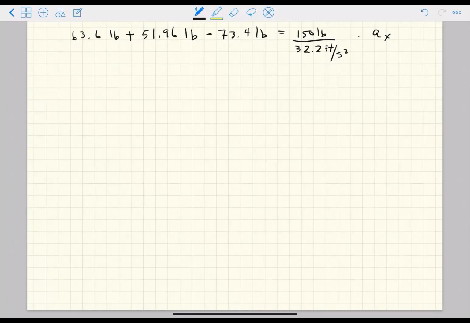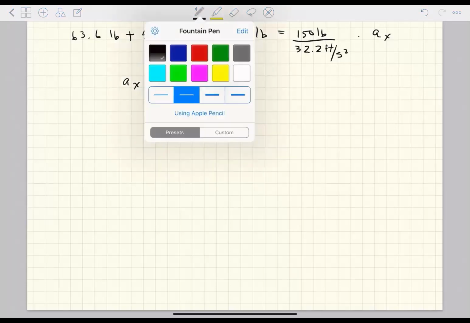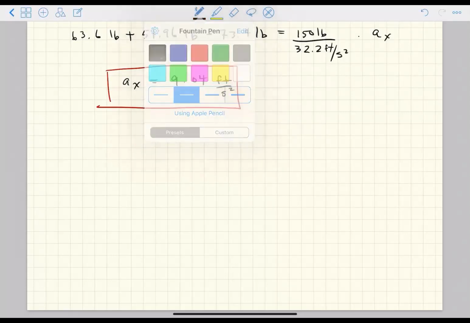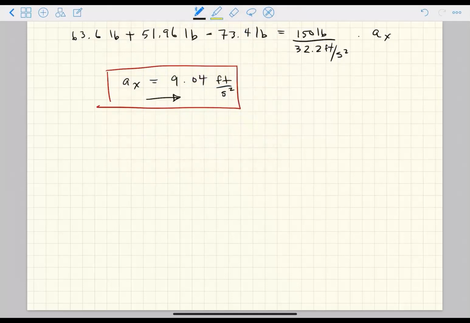You do that and you get a value for acceleration, and that is 9.04 feet per second squared. Okay, and that is the final answer. Now, that being said, acceleration, as we learned before, is a vector, so it has magnitude and direction. So make sure you include the direction. In this case, it is to the right.